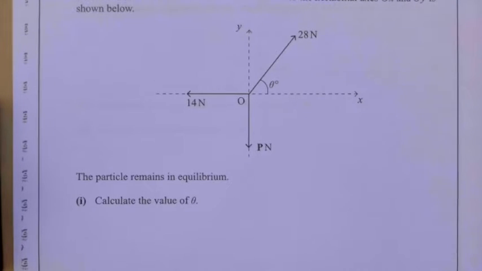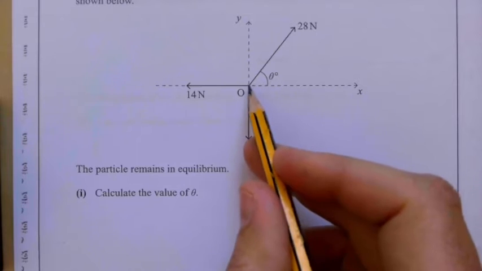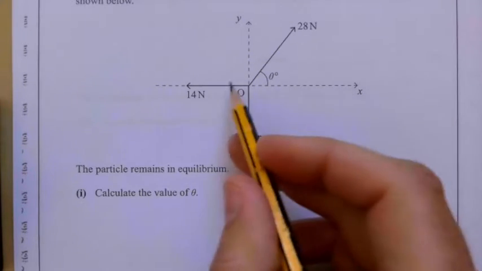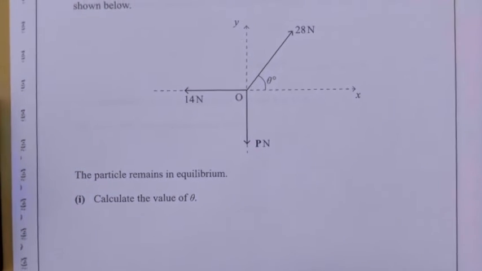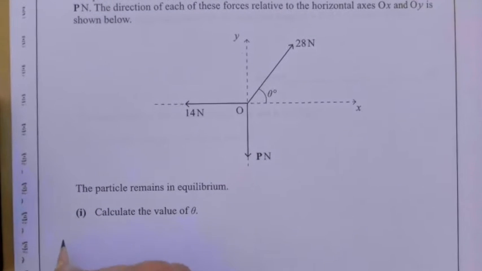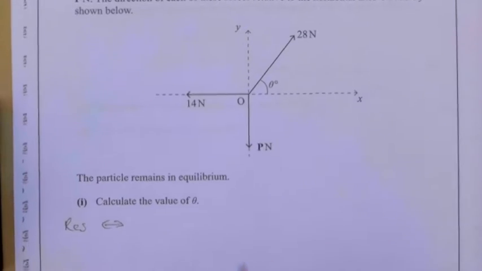The particle remains in equilibrium. Calculate the value of theta. Because it's in equilibrium, everything going this way equals everything going this way, and everything going this way equals everything going this way. So we're going to resolve this way here, and because we know the 14 there and we know the 28, the only unknown is going to be theta.